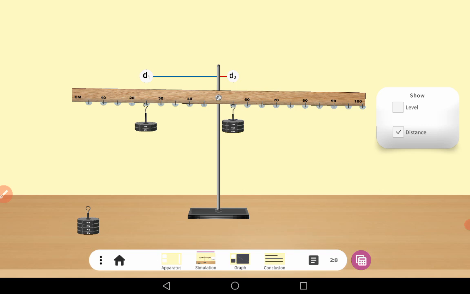So let's just check if the law is obeyed.